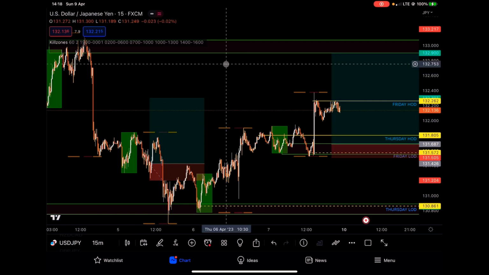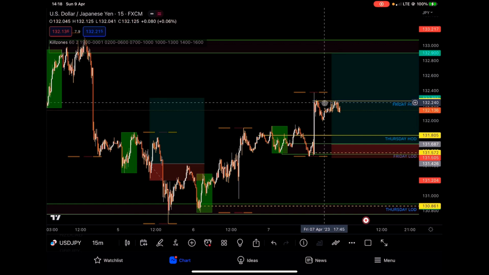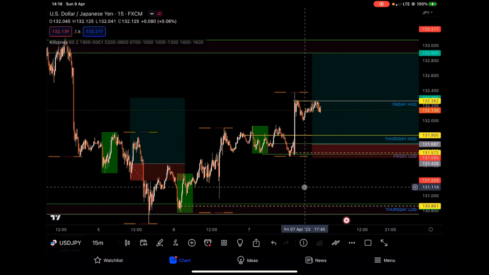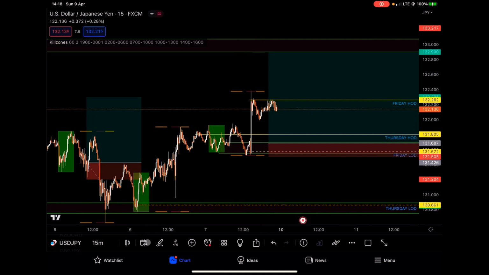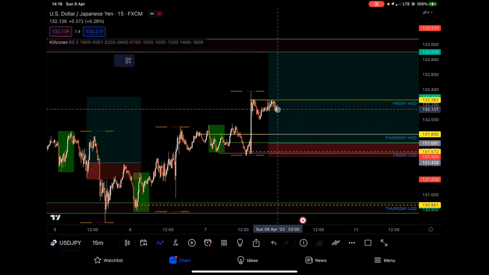After every break of a level, we expect a retest. So what I expect from USDJPY is a retracement of price to this order block on my 15-minute.